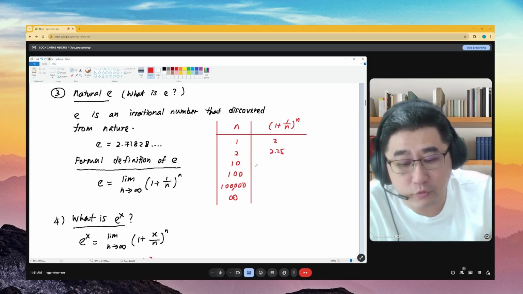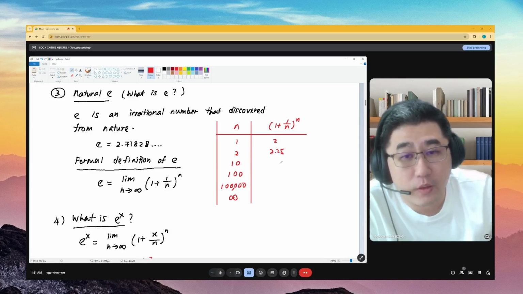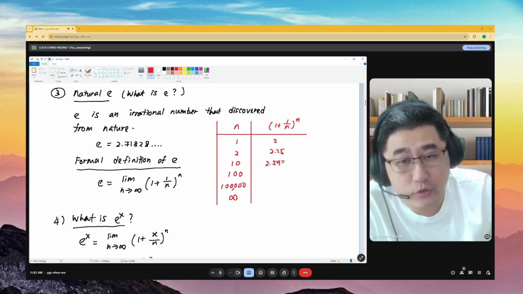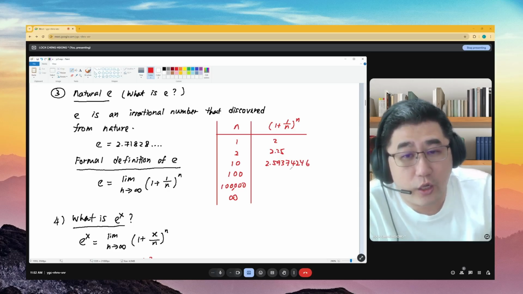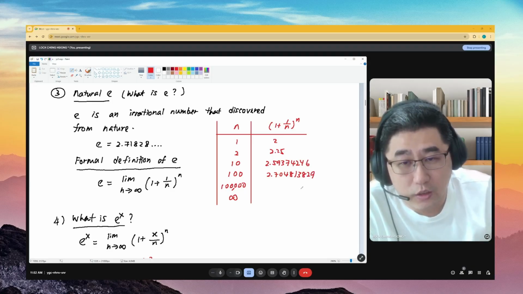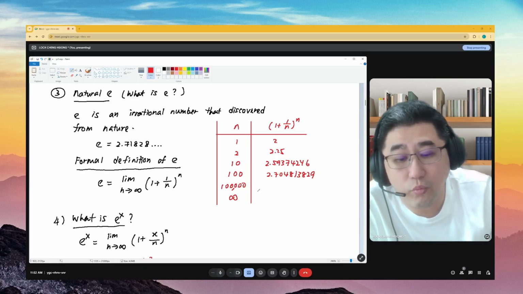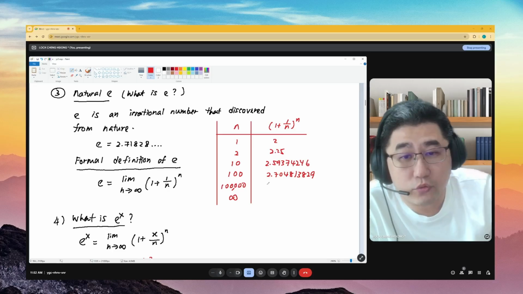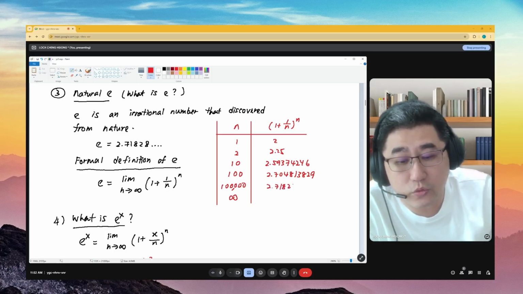If I replace it with 10, I have 2.593744246. If I replace it with 100, I have 2.7048133829. If I replace it with 100,000, I have 2.718268237.